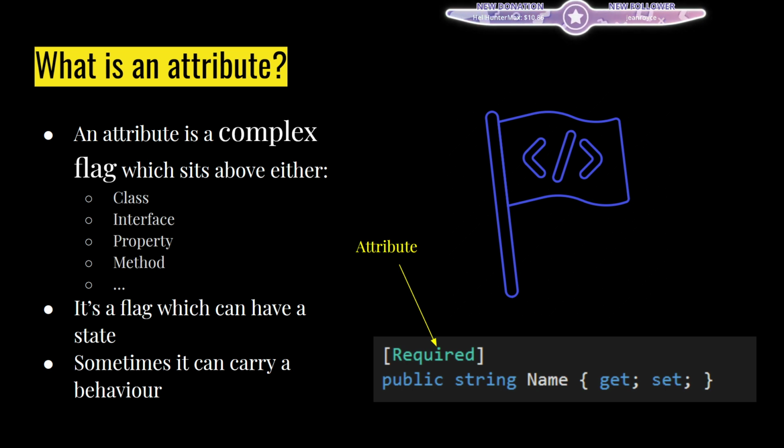Another example would be if I have a required field and it passes from an HTTP request to some controller method, it will throw an exception. It will give a bad request, field name was not provided. So attributes don't do anything by themselves. They need context. They're flags.